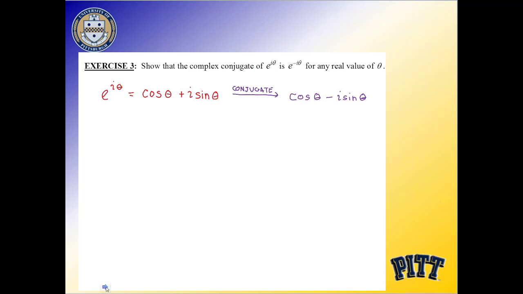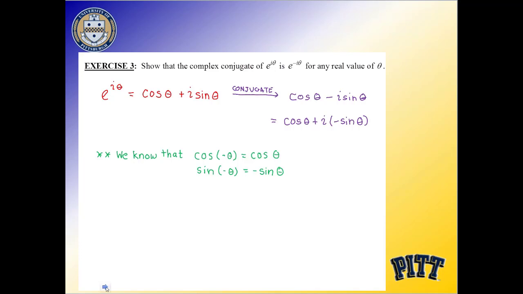Now here's where I'm going to start working with some identities. I know that I can put this to say cosine theta plus i times negative sine theta. I know that cosine of negative theta equals cosine theta. I know that the sine of negative theta is negative sine theta.